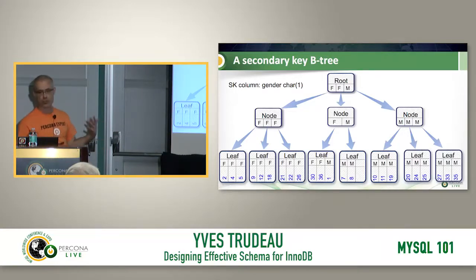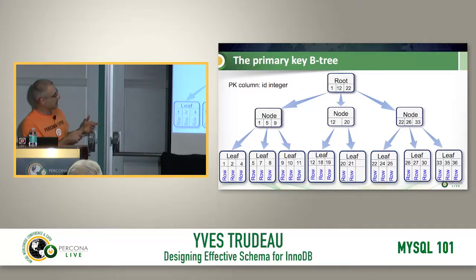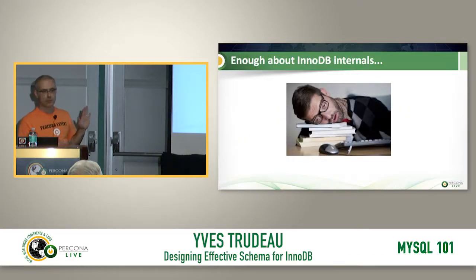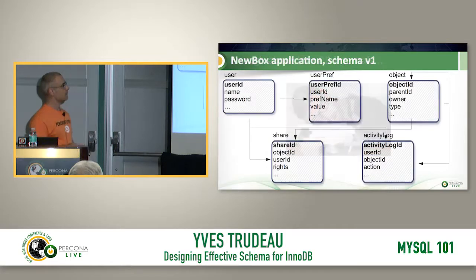So when you do a search on a secondary key, you dive the index here, you find, let's say, 26, you go back here and dive for 36 and find it there. So that's the way it works. That's all I want to tell you about the internals, but it's important to understand the remaining points.